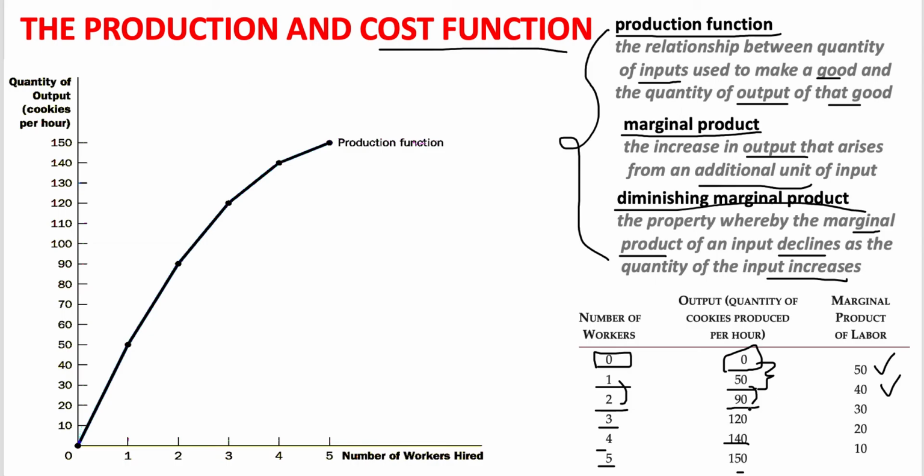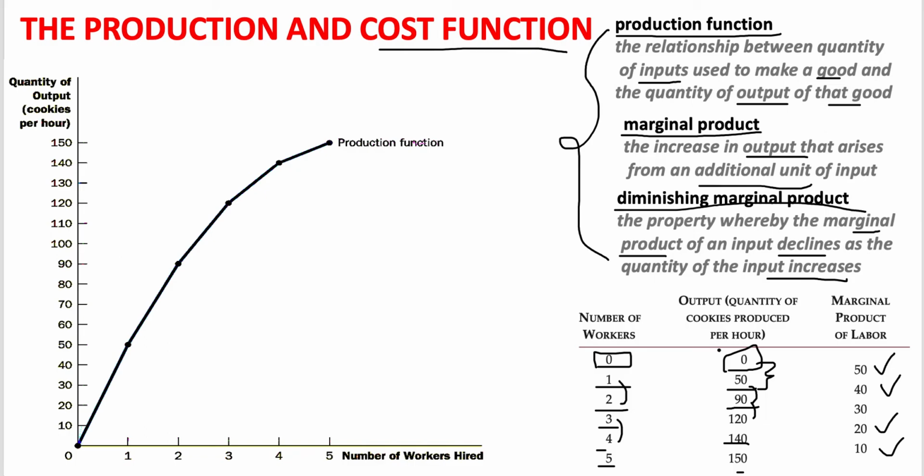And from 90 to 120, the change is 30 when we change from 2 to 3. Again from 120 to 140, the change is 20 when we include another labor from 3 to 4. In the last, when we include the fifth labor, the change is 10.